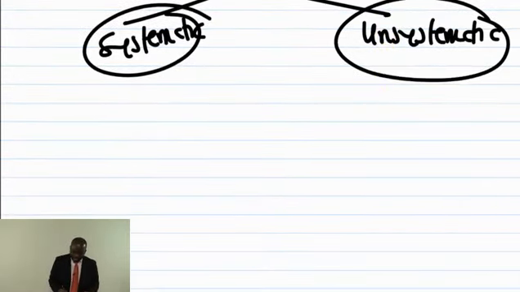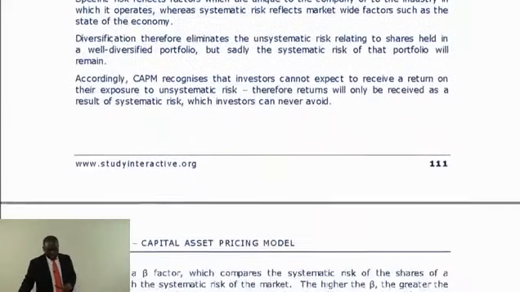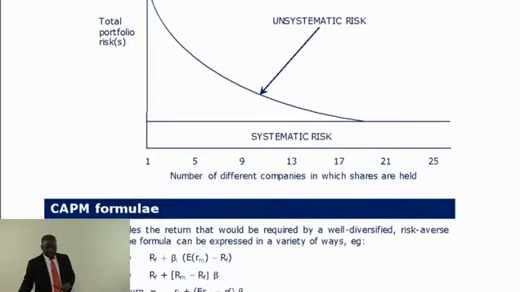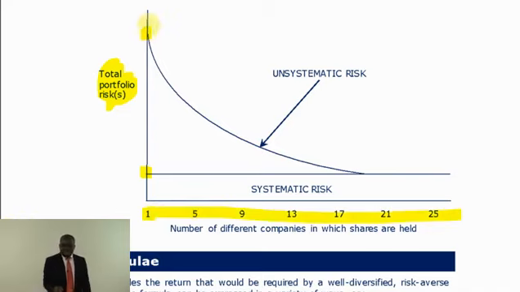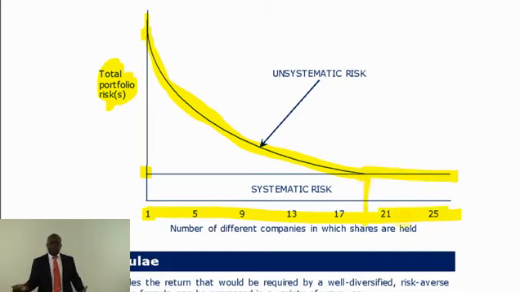And this is what CAPM is assuming. So when you come here, we've done the diagram for you. If you have got only one investment, if you put all your hope on only this investment, you will face both systematic and unsystematic risk, which is the total portfolio risk. But when you start bringing in more investment, your unsystematic risk will be decreasing, up to this point. From this point onwards, whether you diversify or not, you are not going to reduce any risk because that unsystematic risk is fully eliminated.